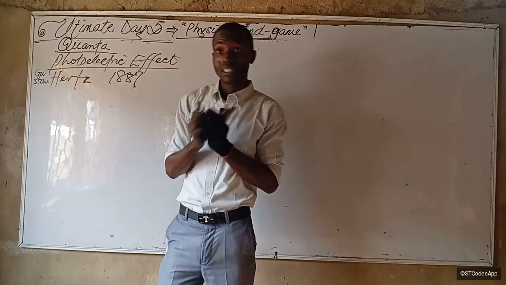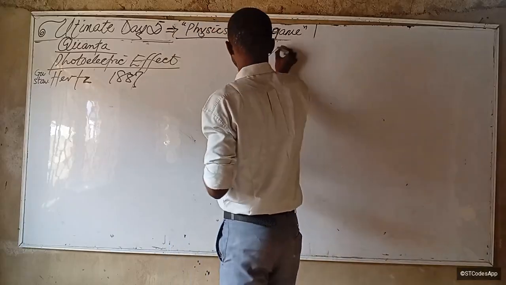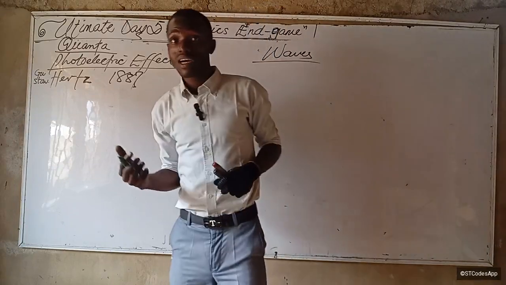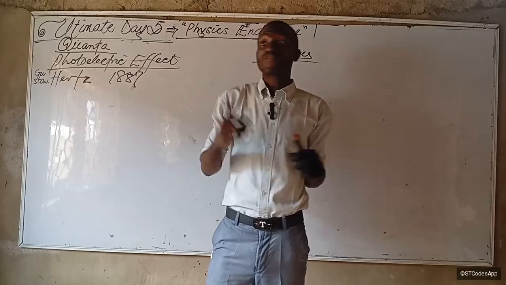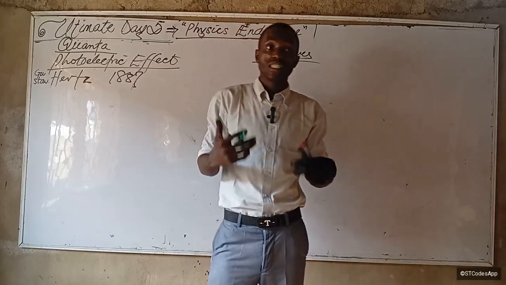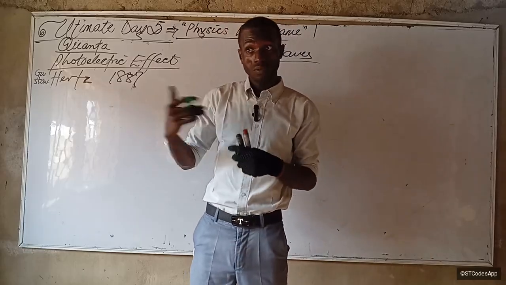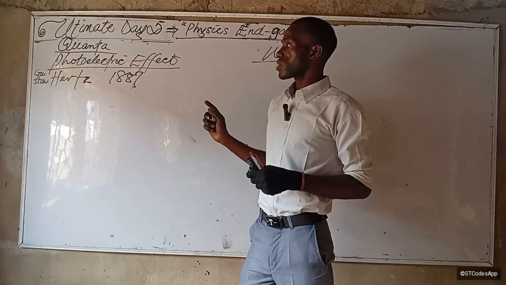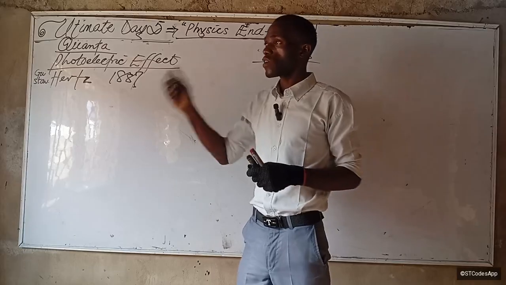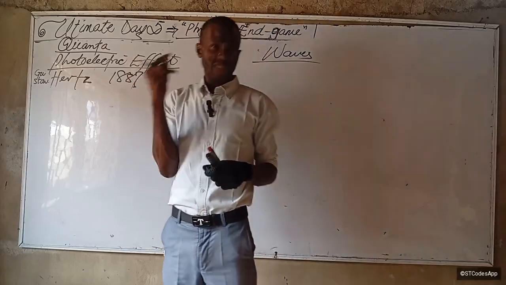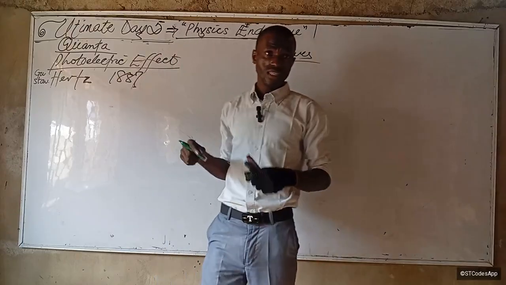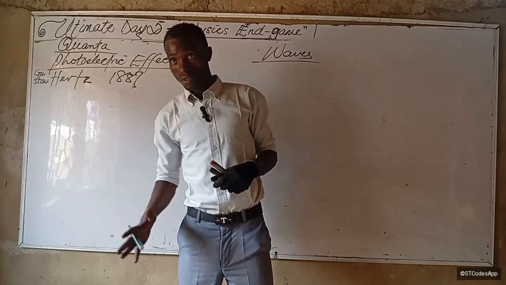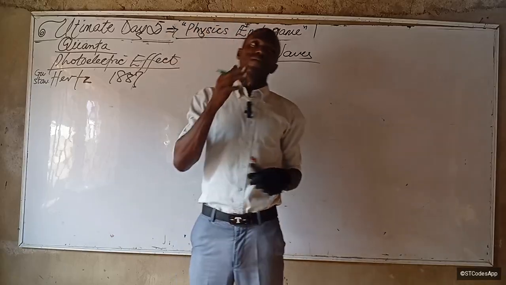In classical physics, we learned that the intensity of a wave affected things. Are you with me? What is intensity of wave? What did it affect basically? The amplitude, right? Do you remember? The intensity of a wave affects the amplitude. Is that okay? All right.